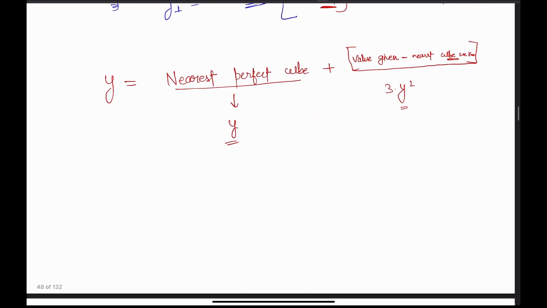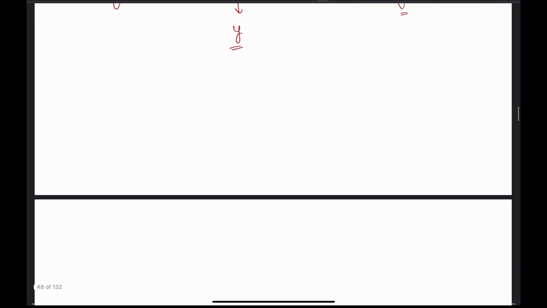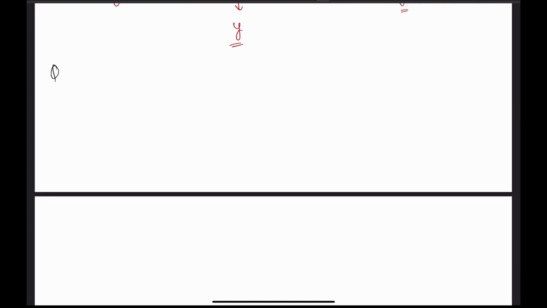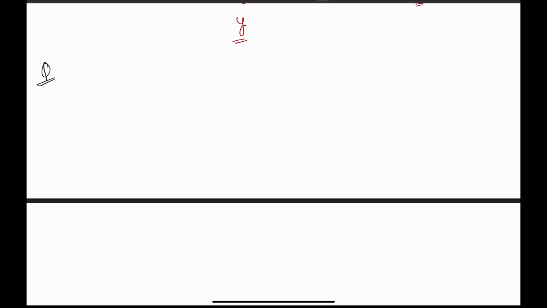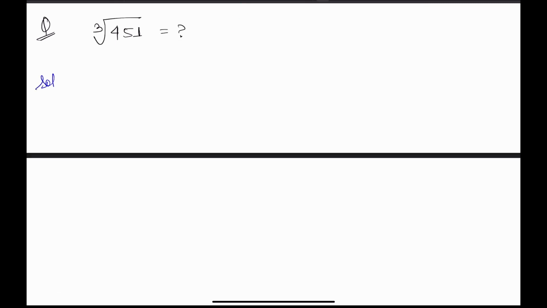So let's solve more questions now, and then it will be kind of easy. Let's take one more question. If someone asks me, tell me the cube root of 451. The first thing I said: what is the nearest? The nearest is 8 cube, that is 512.